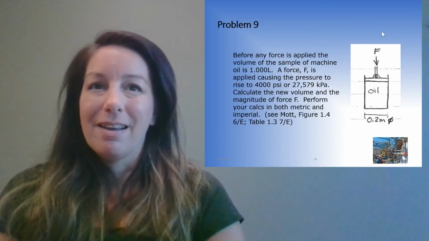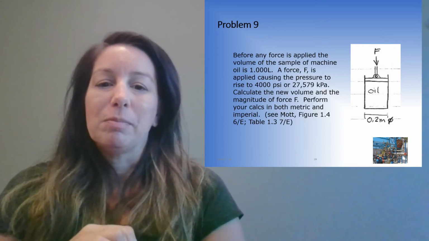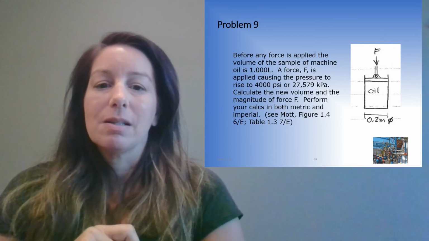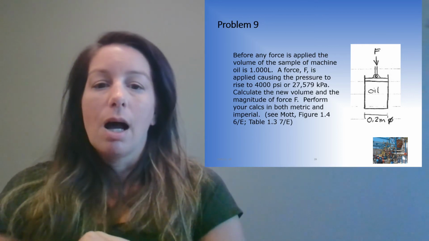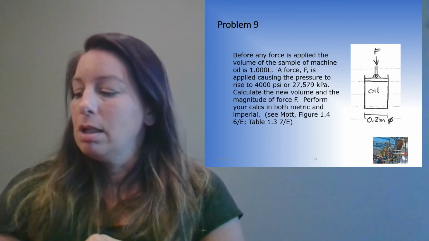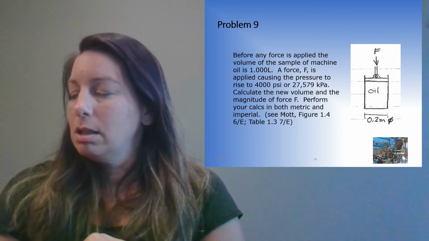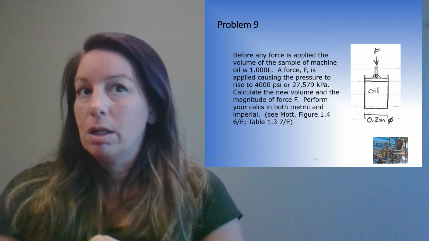Problem 9. Before any force is applied, the volume of the sample of machine oil is 1,000 liters. So, or 1 liter. 1 liter is 0.001 of a meter cubed, I think.